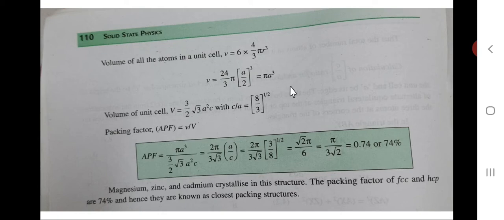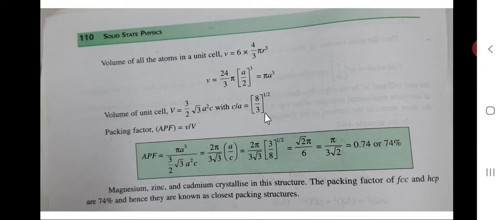Now coordination number n is equal to 12. Lattice constant a is equal to 2R. Nearest neighbor distance 2R is equal to a, and the number of atoms per unit cell is equal to 6. Therefore, the volume of all the atoms in the unit cell v is equal to 6 into 4/3 pi r cubed.